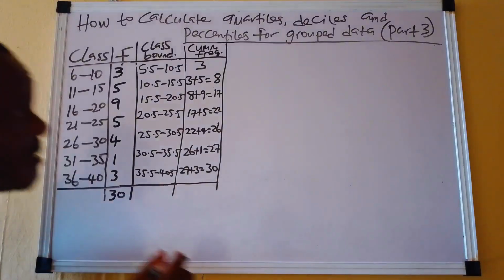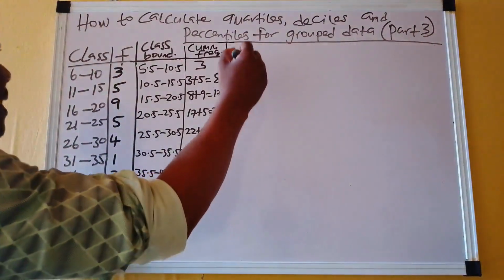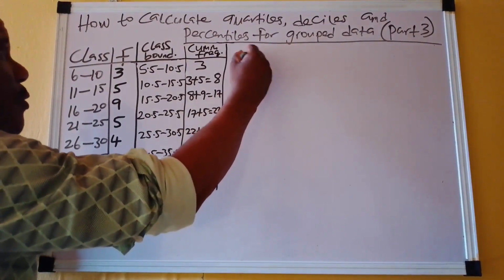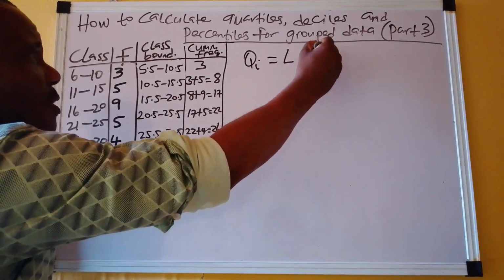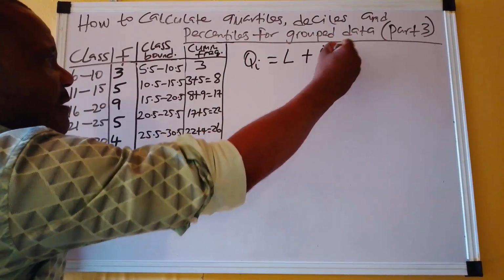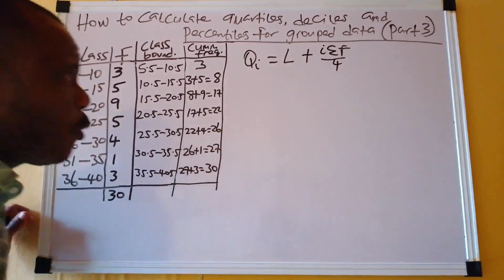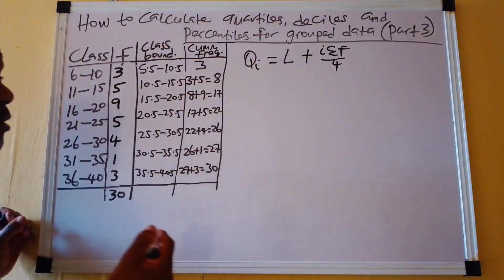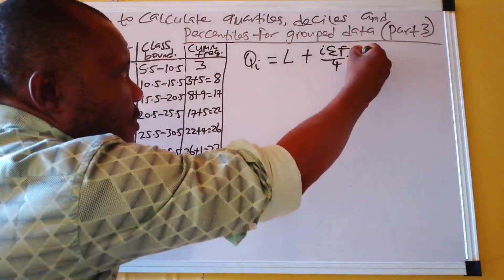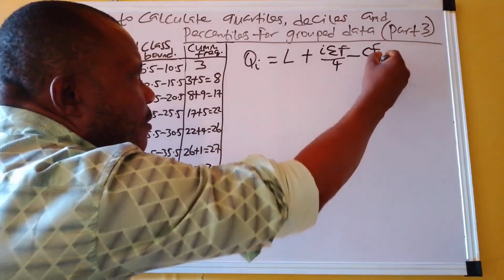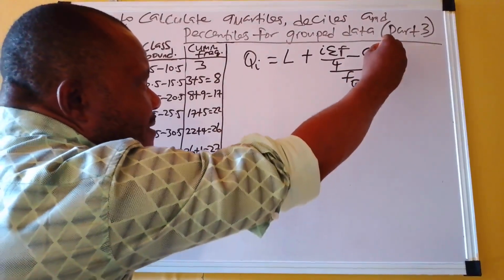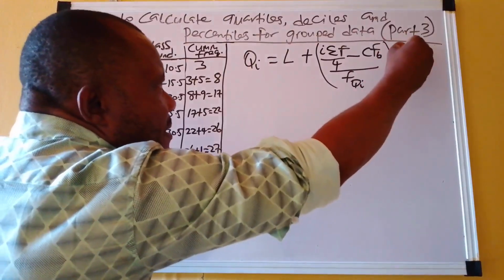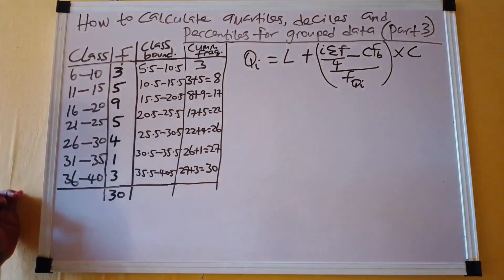For the quartiles, we have the general quartile formula as Qi is equal to L plus (i summation F over 4, because the quartile divides the data set into 4 equal parts, minus the cumulative frequency before that class) all over the frequency of that quartile class, times our class weight or class size.